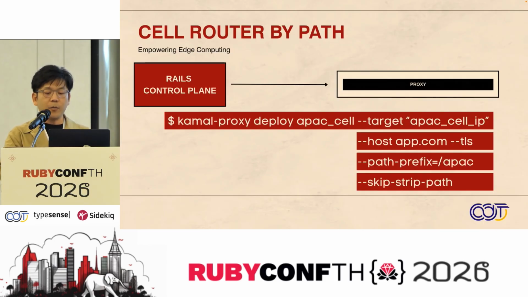We can evolve them over time. We can experiment with different strategies, and we can change routing without redeploying the app itself. The big idea is Kamal Proxy gives us the mechanics of routing traffic to the closest computing power or to a specialized cell for specific workloads, all managed from a familiar Rails app.